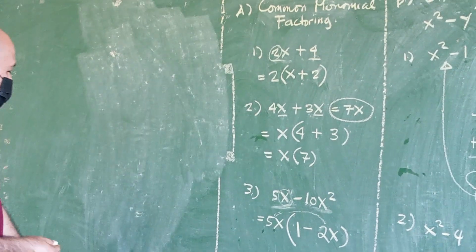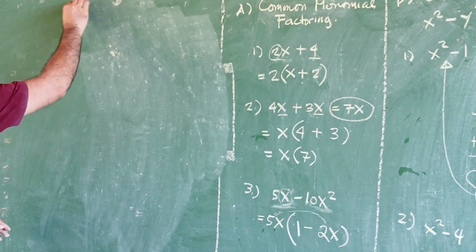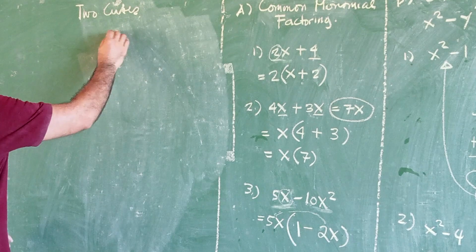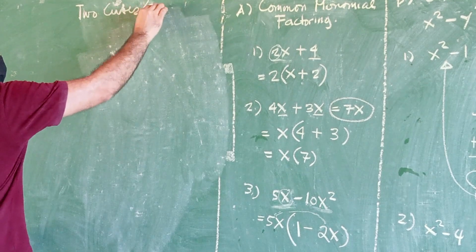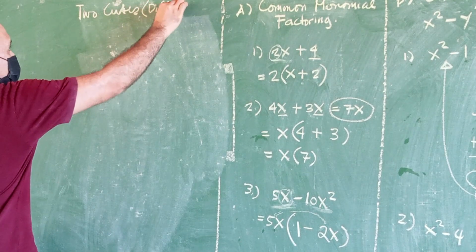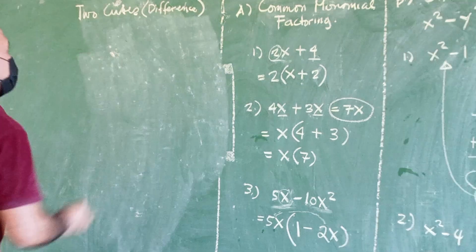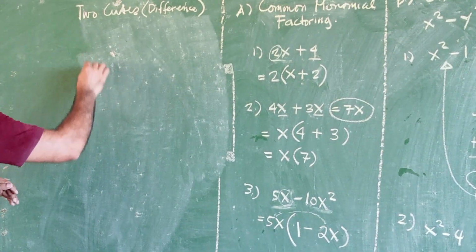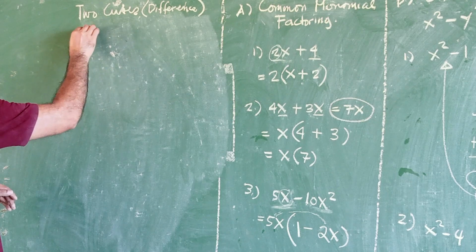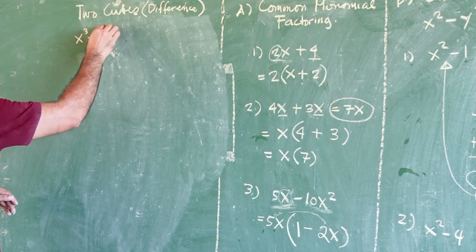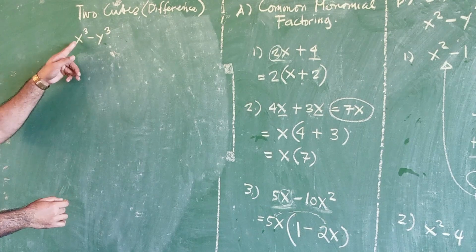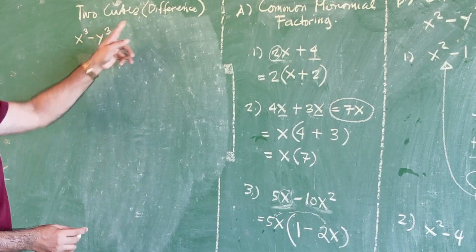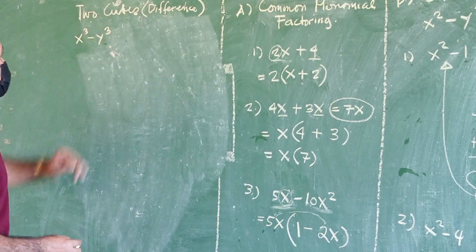Okay, so we have here, for the 2 cubes, the difference, and for this type of factoring, we have x cubed minus y cubed. So 2 cubes, and the operation is minus, so it is difference of 2 cubes.